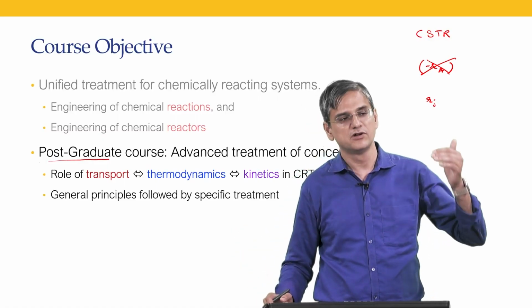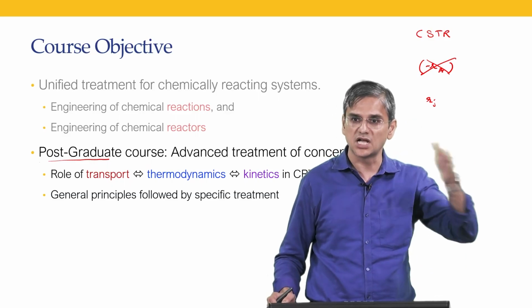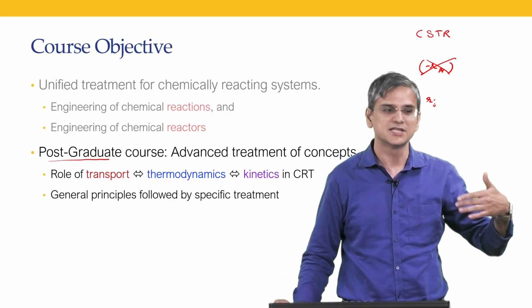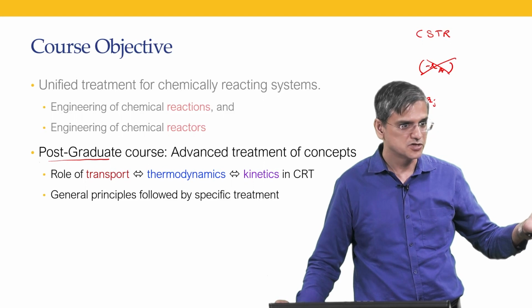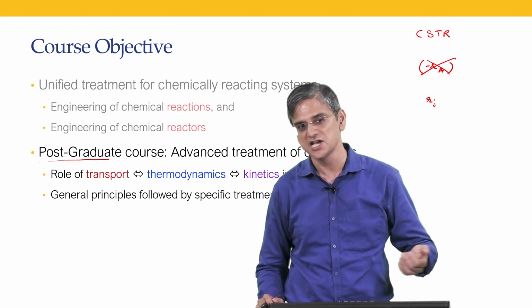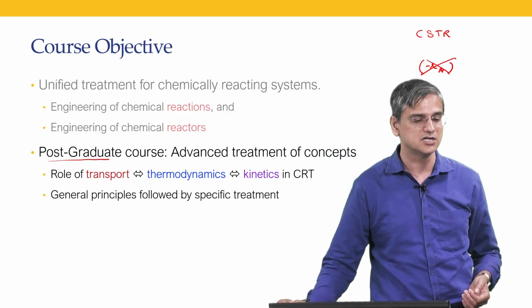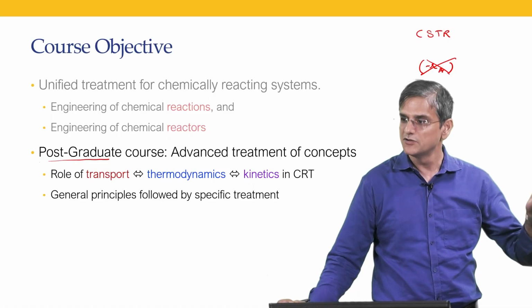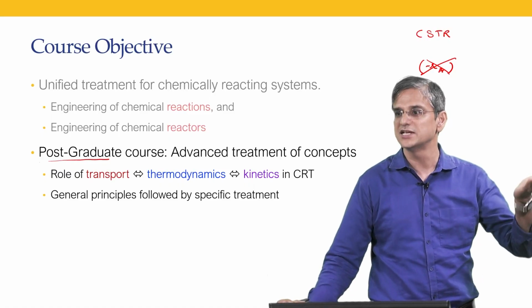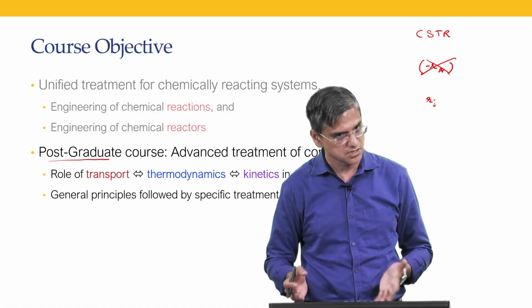So, if everything is well mixed in the transverse direction and nothing is mixed in the axial direction, that is when we get a PFR. Okay, so PFR is a special case of an axial dispersion reactor with a dispersion of 0, rather than the other way around that you had done in undergraduate. In undergraduate, we had talked about PFR first and then axial dispersion reactor. In this case, we are just going to turn the things around.